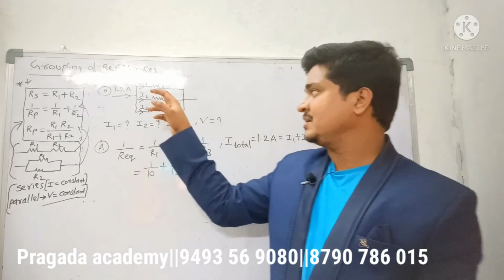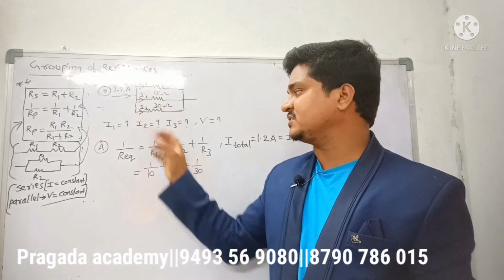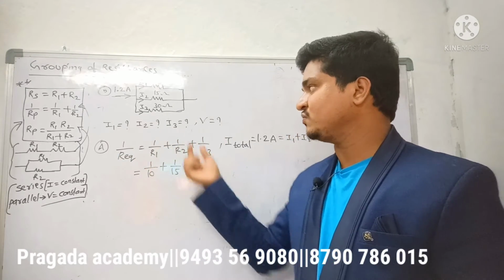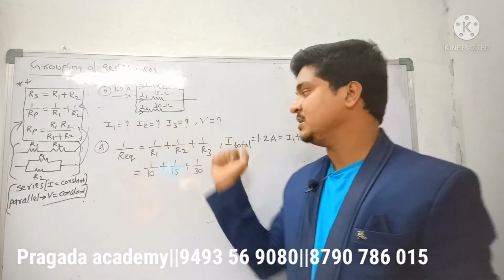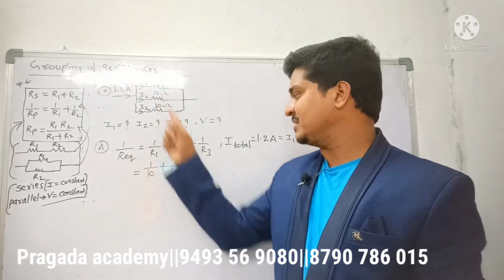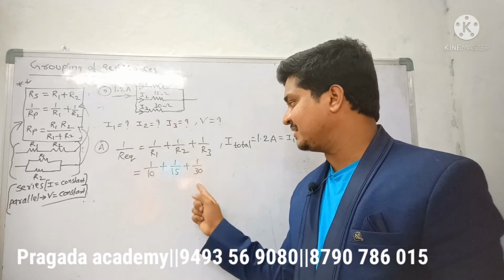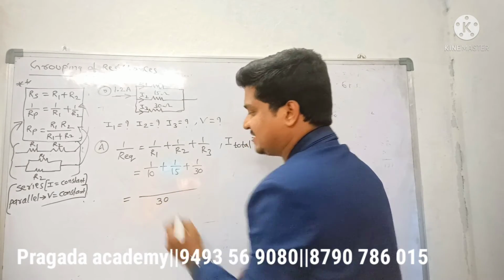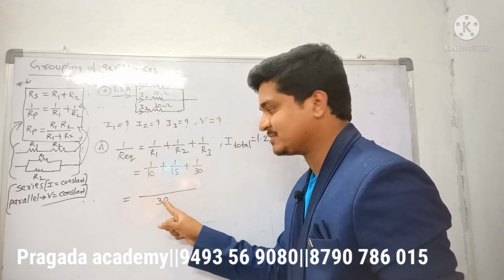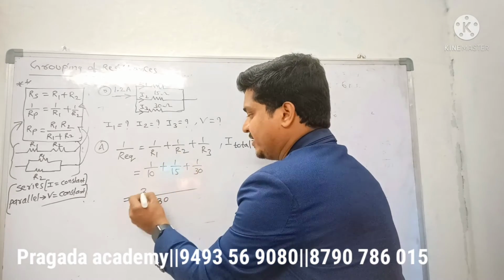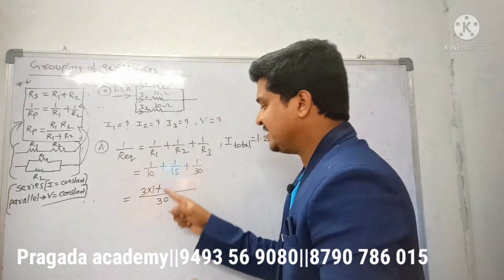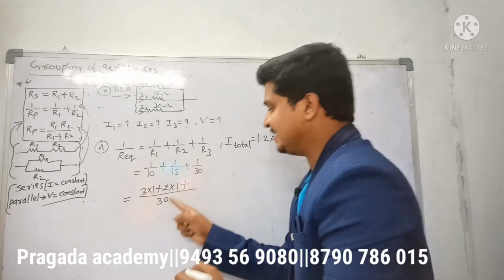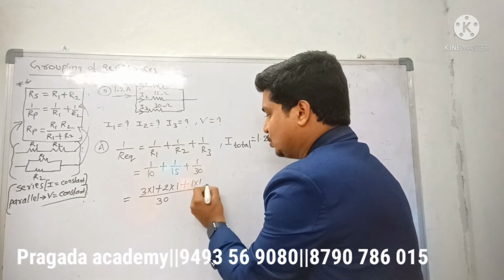For this, we need to apply the equivalent resistance formula: 1 by R equivalent is equal to 1 by R1 plus 1 by R2 plus 1 by R3, because we have 3 resistors here. So 1 by 10 plus 1 by 15 plus 1 by 30. For 10, 15, 30, 30 will be the LCM. 10 in 30, 3 times, so 3 into 1, plus 15 in 30, 2 times, so 2 into 1, plus 30 in 30, 1 time, so 1 into 1.